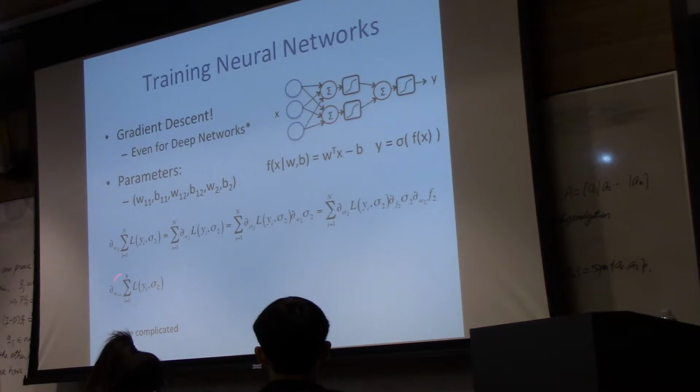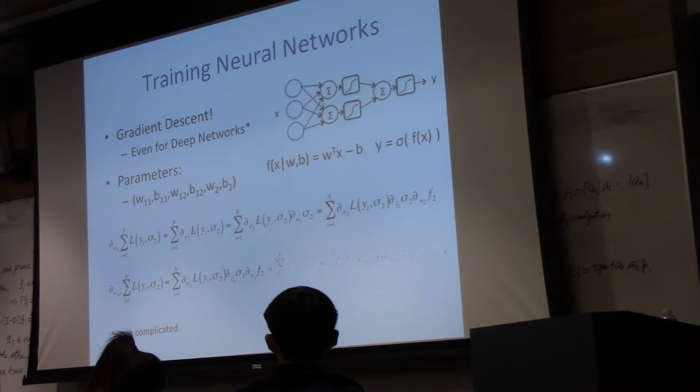It gets a little more complicated for a lower level layer, so one of these weight vectors, because then you have to stack the chain rule. You do the same thing in the beginning, but now you have to stack the chain rule, because the way you get a gradient for this unit is that it's fed as input to this unit. So when you differentiate this unit, based on the weight of this unit, you then get the gradient of this unit.